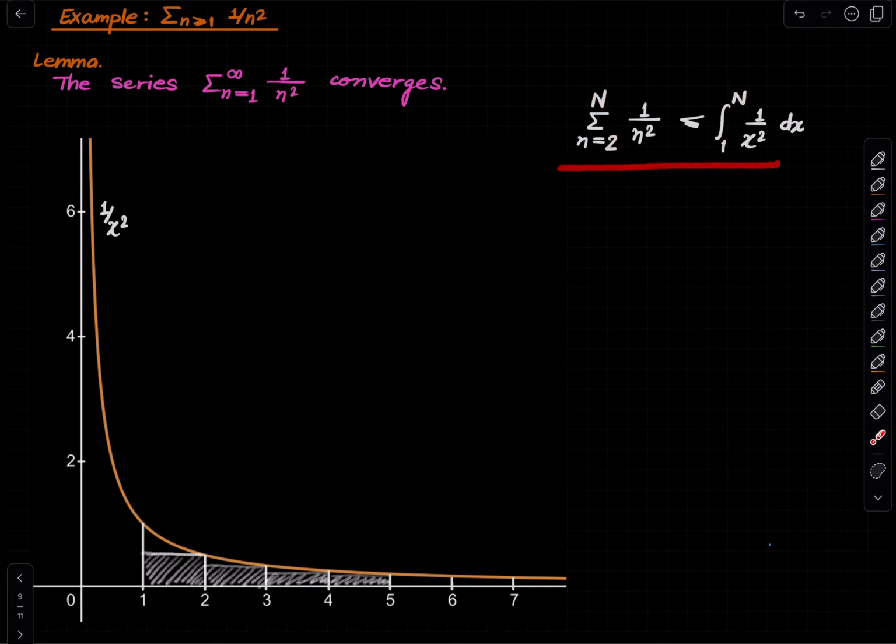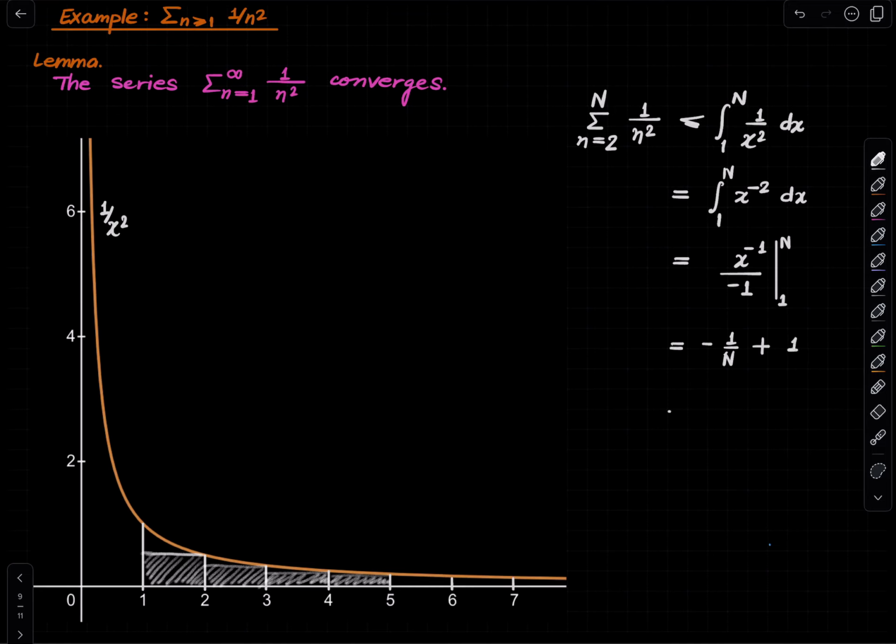So we have this just by this visual argument. Of course, you can justify it properly. But what is that integral? We know how to calculate it. It is the integral of x to the minus 2, which is minus 1 upon x, evaluated from 1 to n, and that becomes minus 1 upon n plus 1.